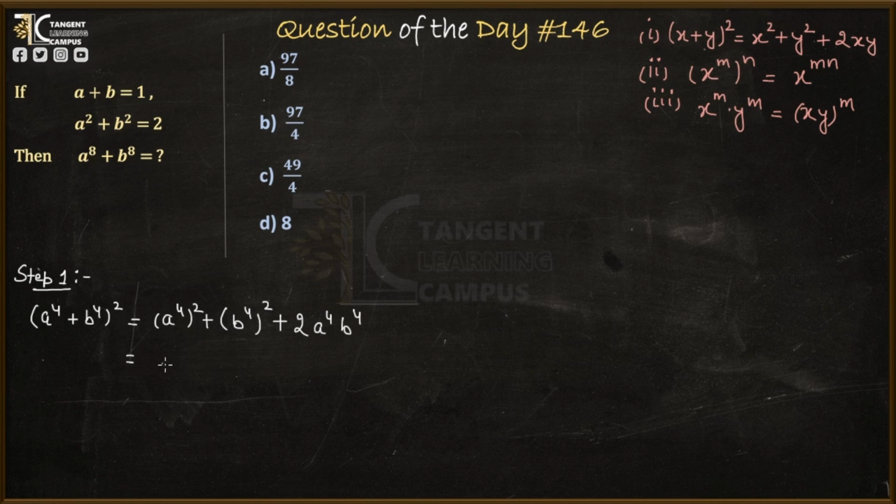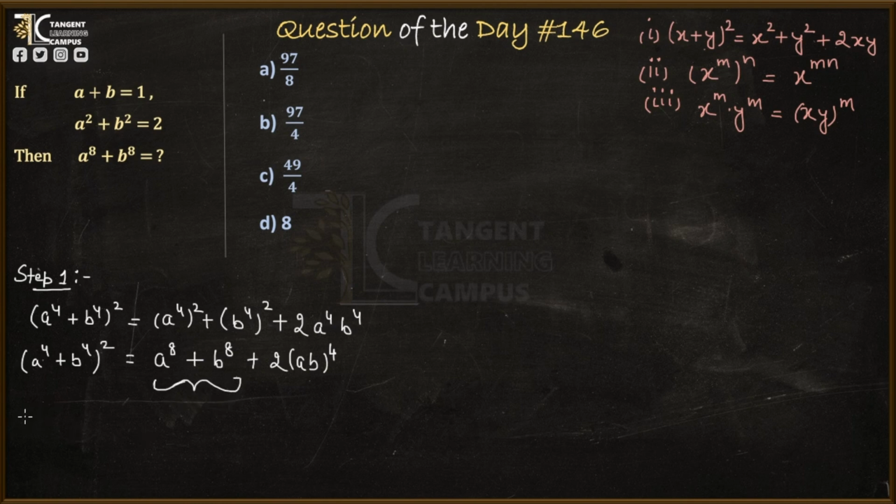Now we can write a to the power 4 square as a to the power 8 by using the second formula, plus b to the power 8 plus 2 times, by using the third formula, ab to the power 4. And this is equal to a to the power 4 plus b to the power 4 whole square. Now we can isolate a to the power 8 plus b to the power 8 from here.